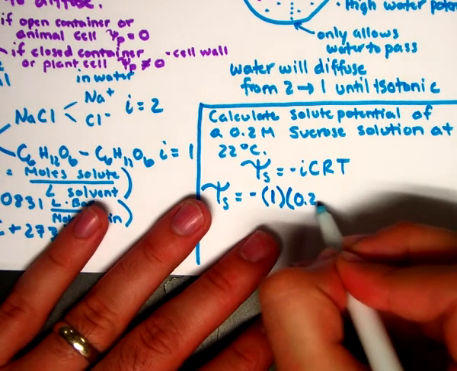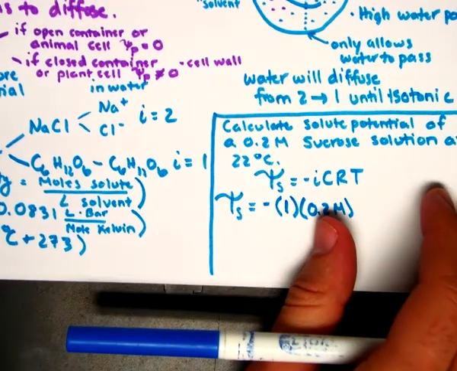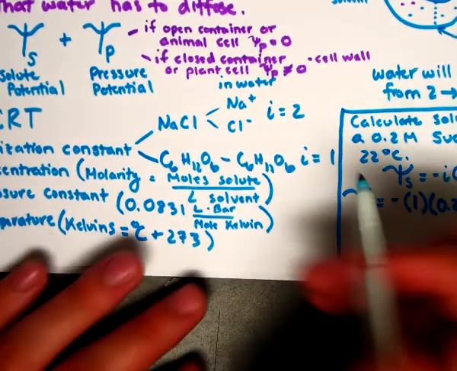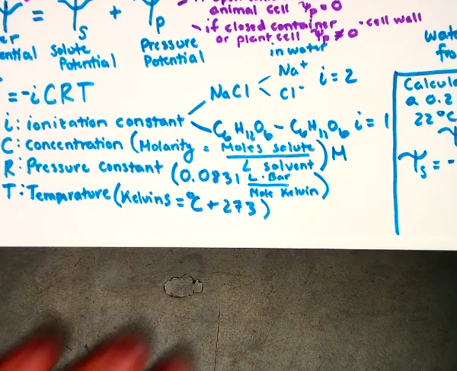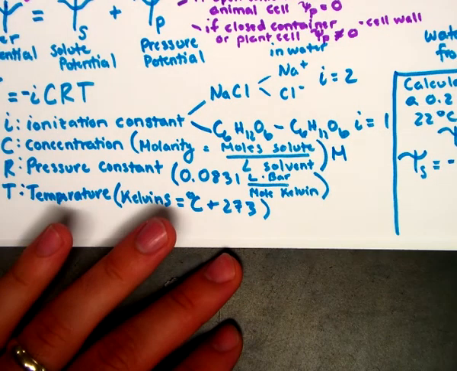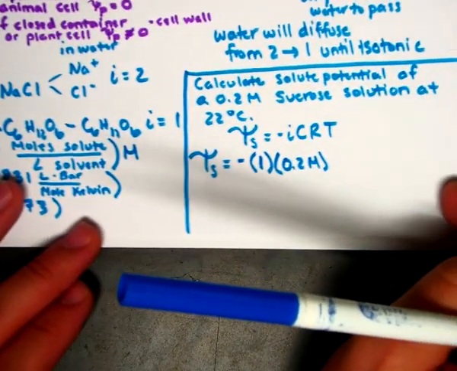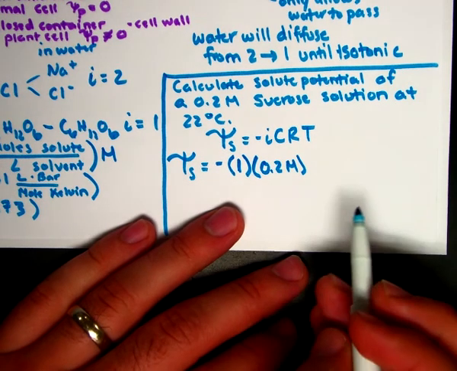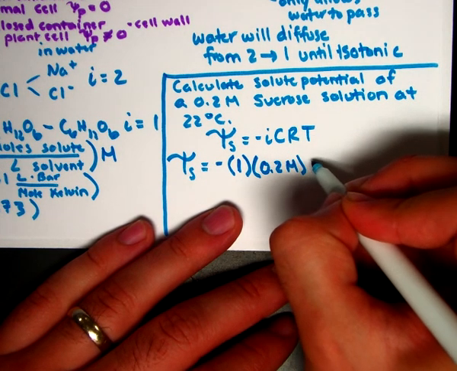Our concentration is what, Sophia? 0.2 M. So M is just the shorthand of molarity, just so you can remember. So we've got 0.2 moles over liter.